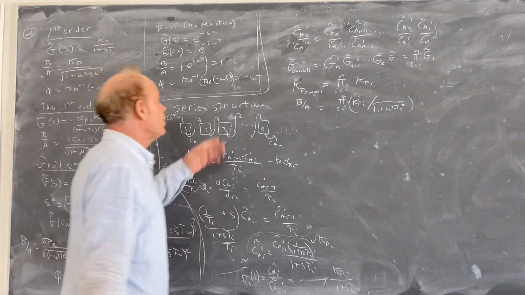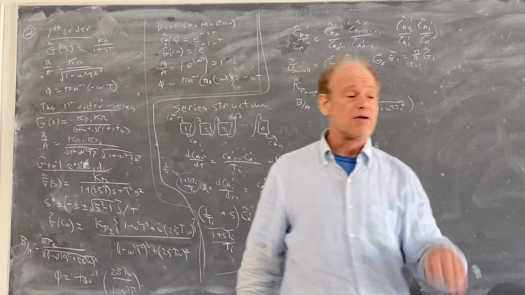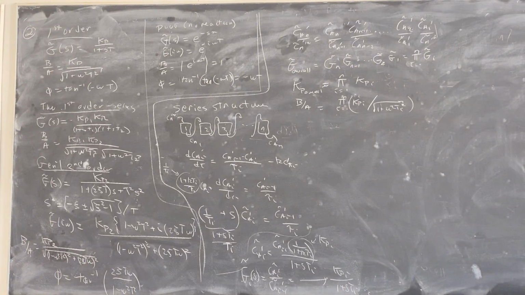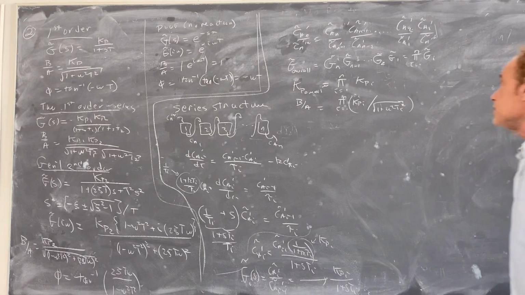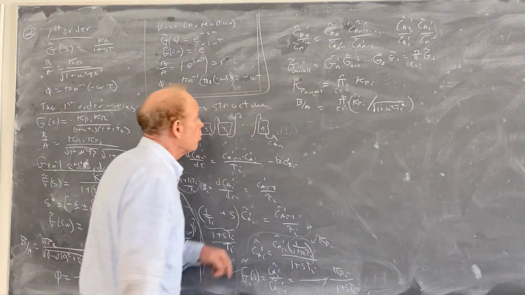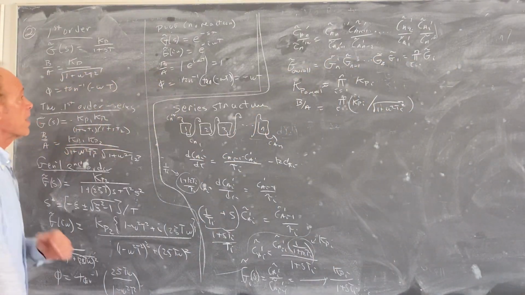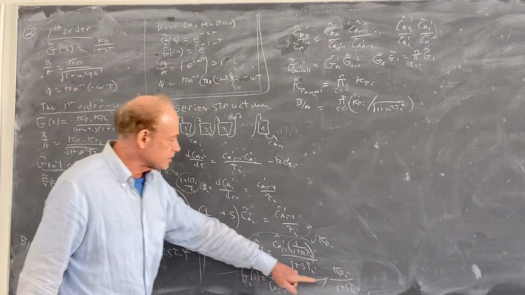And of course, I could go through and calculate phi, but I'm not sure I want to bother doing that right now. You can certainly do that. The other thing to note is because the G's are products, each G looks like this.